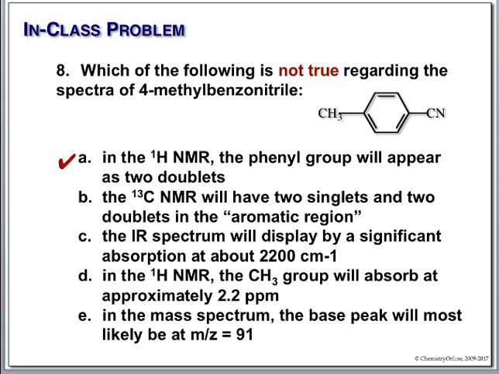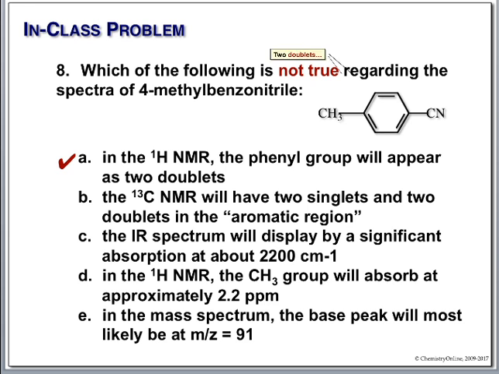Now remember, when we see splitting in C13 NMR, it's due to the hydrogens that are attached to that carbon. So one hydrogen will split the signal into a doublet. If we have no hydrogens, we will get a singlet. If we had 2 hydrogens, we will get a triplet, etc.